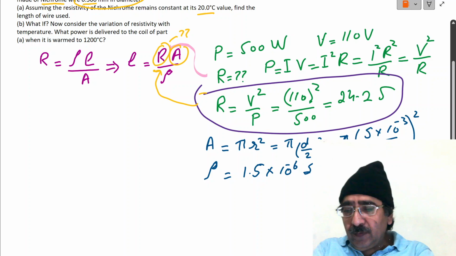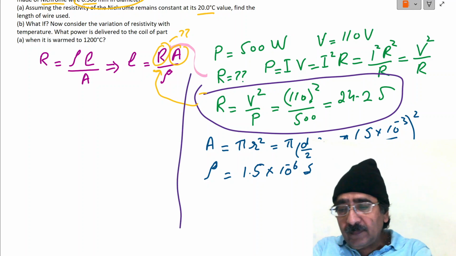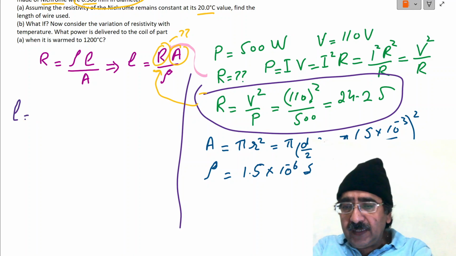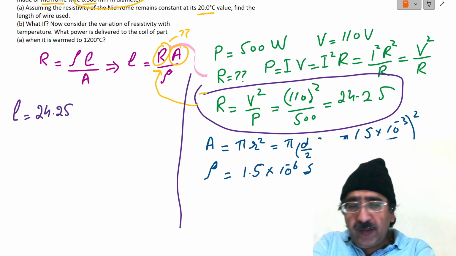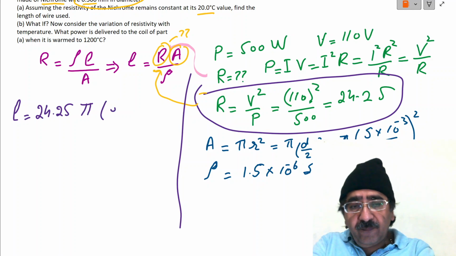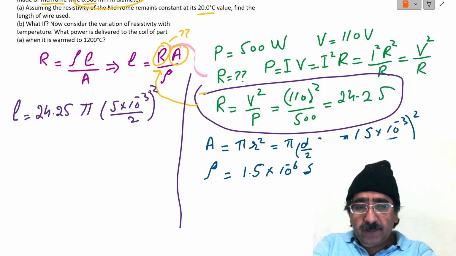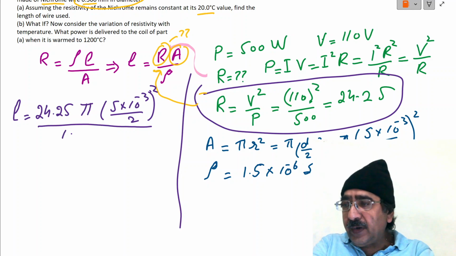By putting all these values, we have the resistance given, we have to find the L. The length will be R, 24.2, times area, pi times 5 times 10 raised to power minus 3 over 2 squared, divided by rho, 1.5 times 10 raised to power minus 6.